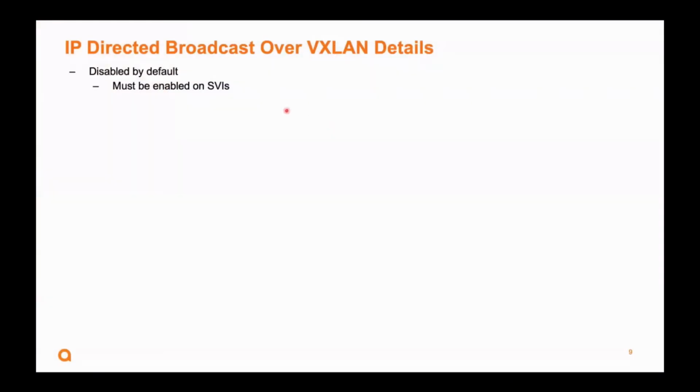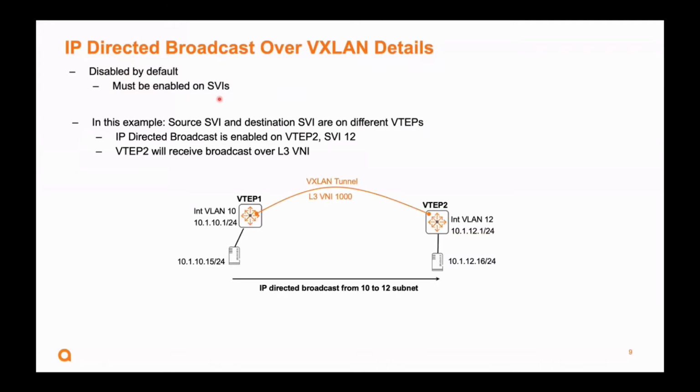Details. So take note, it's disabled by default. It must be enabled on SVIs. So this is an example. On the left, I have the source SVI on VTAP1 with the source device. On the right, I have the destination SVI VLAN 12, the destination host that's supposed to receive the broadcast. So you actually enable IP-directed broadcast on VTAP2 SVI 12, VLAN 12.